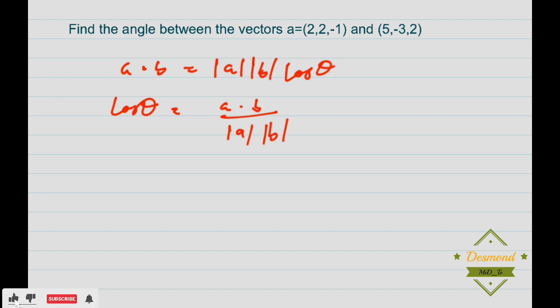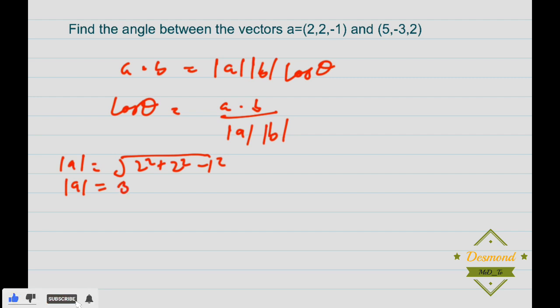So first of all, let's find the modulus of A. The modulus of A should be equal to the square root of 2 squared plus 2 squared plus minus 1 squared. And when we do it, we should get the modulus of A to be 3.